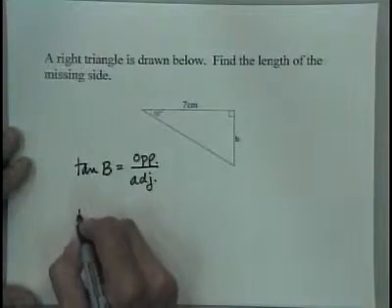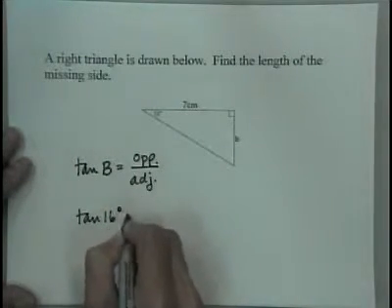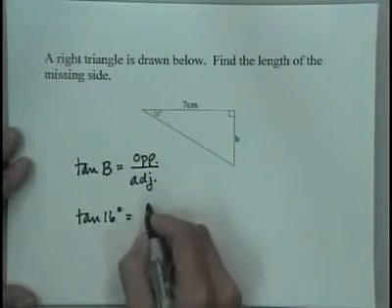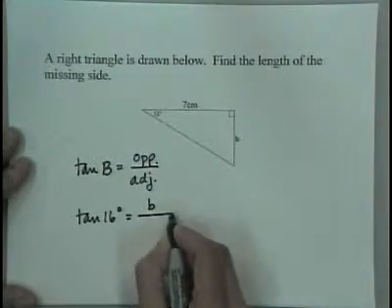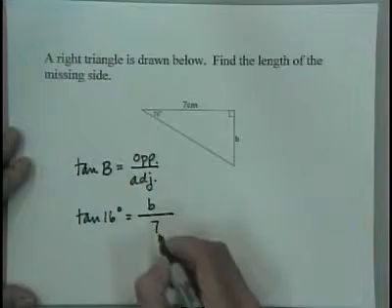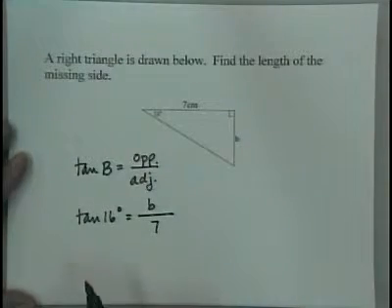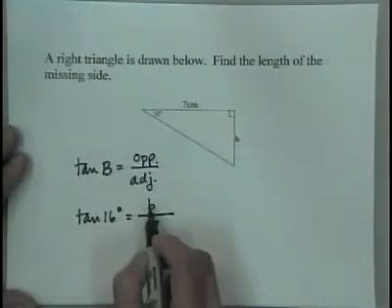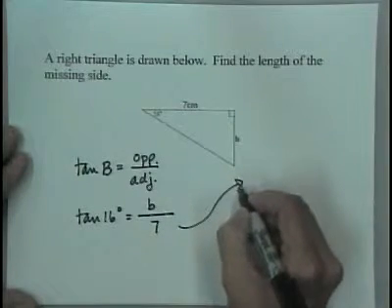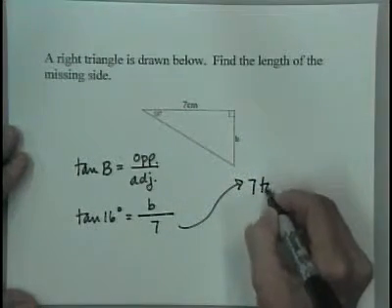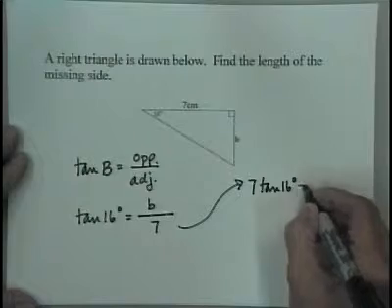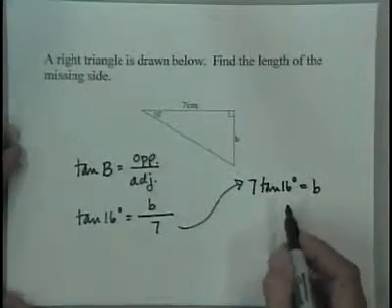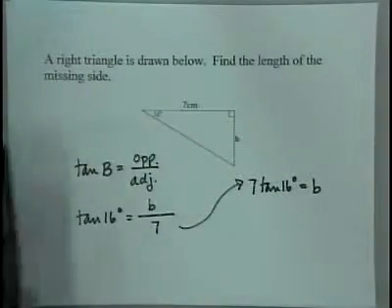Let's fill in what we're given in our particular example. The angle is 16 degrees. The length of the opposite side I don't know, but it's labeled B. The length of the adjacent side is 7 centimeters. Now, solving this equation for B, I can multiply by 7 to get 7 tangent 16 degrees is B, and I'm going to use my calculator to find that number.